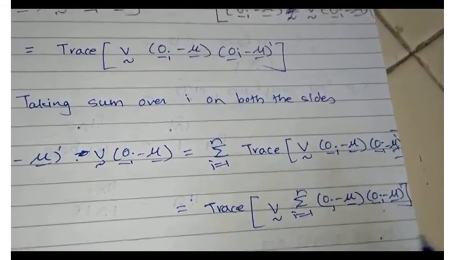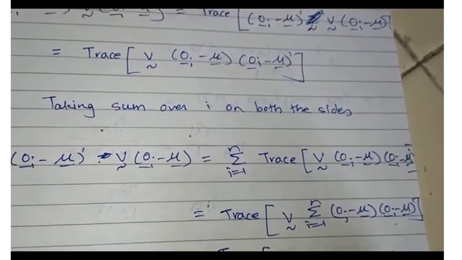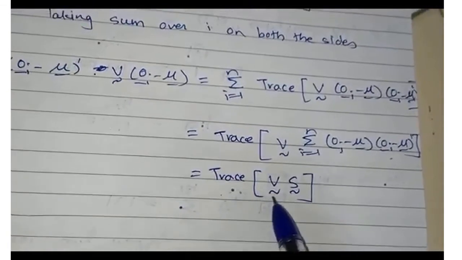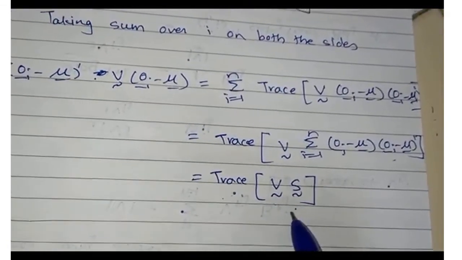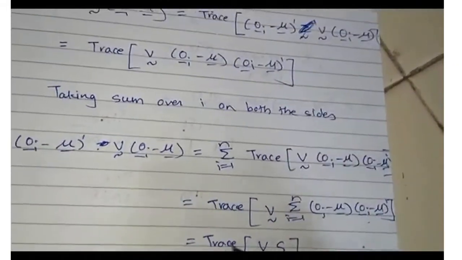Now y minus mu into y minus mu prime is nothing but the S matrix, the CSSP matrix that we defined earlier. So this becomes the trace of V into S. Okay, no, wait. In my CSSP matrix, what I have is X bar. So let me try to bring in that X bar.